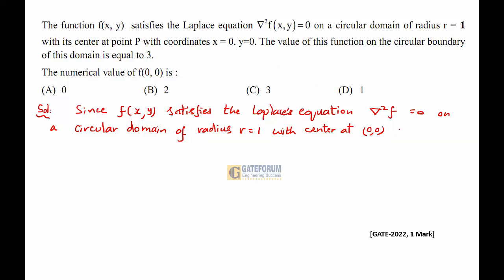And already on the boundary of this circle, the function value is equal to 3. That means inside the region also at every point the function value must be equal to 3. That is, the function is a constant function.